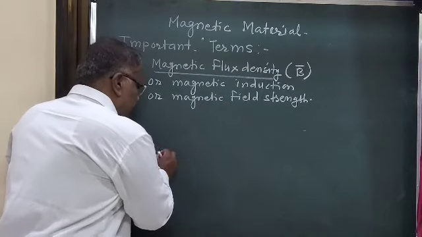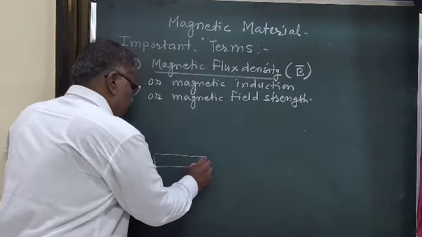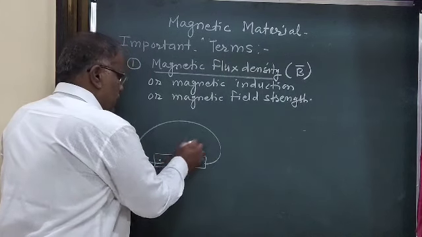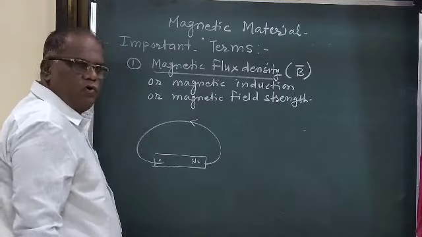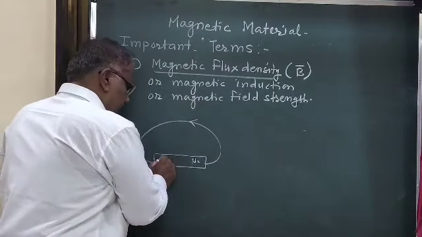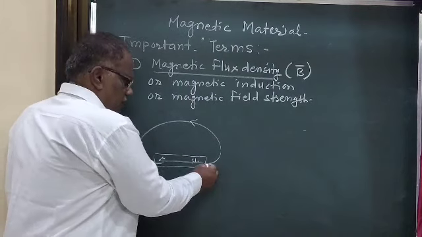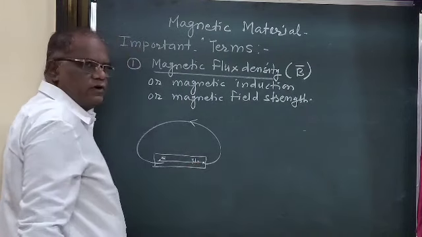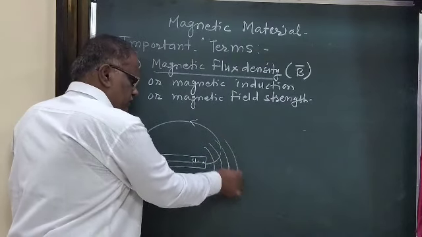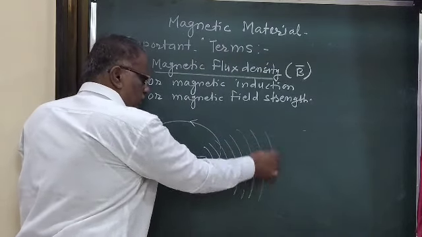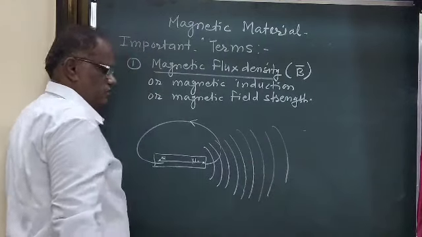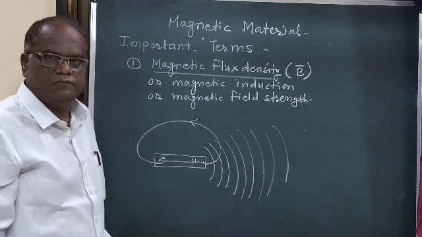Now we know that in case of a bar magnet, magnetic lines of force start from the north pole and end on the south pole externally. These are the pole points, and we know that the magnetic induction strength of the magnetic field decreases as we move away from the north pole.